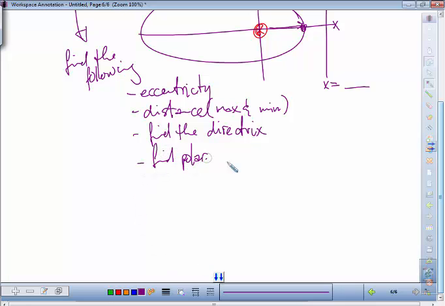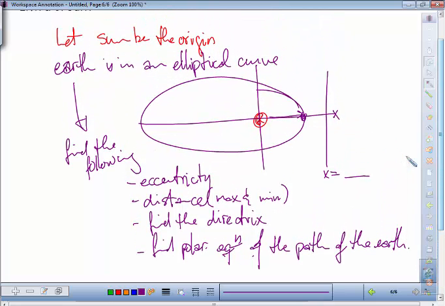Find the polar equation of the path of the Earth. Okay? And then graph it to see if it makes sense. Make sure it doesn't look like a hyperbola or something like that.